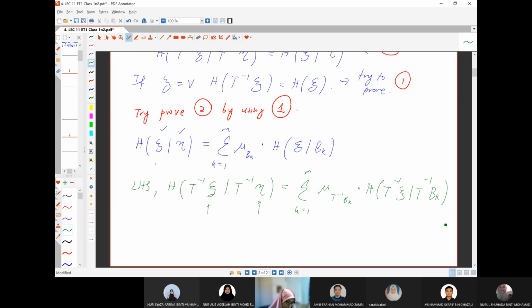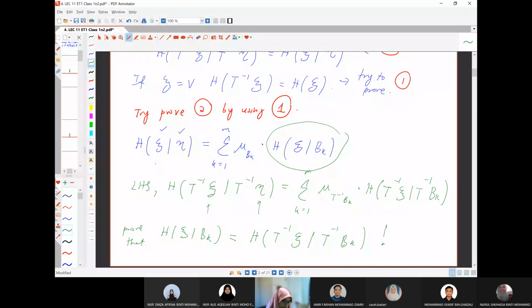Now, having reached here, you can try to prove that the entropy of psi, given that B_k, is equal to... you need to find this one. Since this is a measure preserving transformation, you know the entropy of the inverse here is the same as with respect to the pre-image of the inverse of B_k.